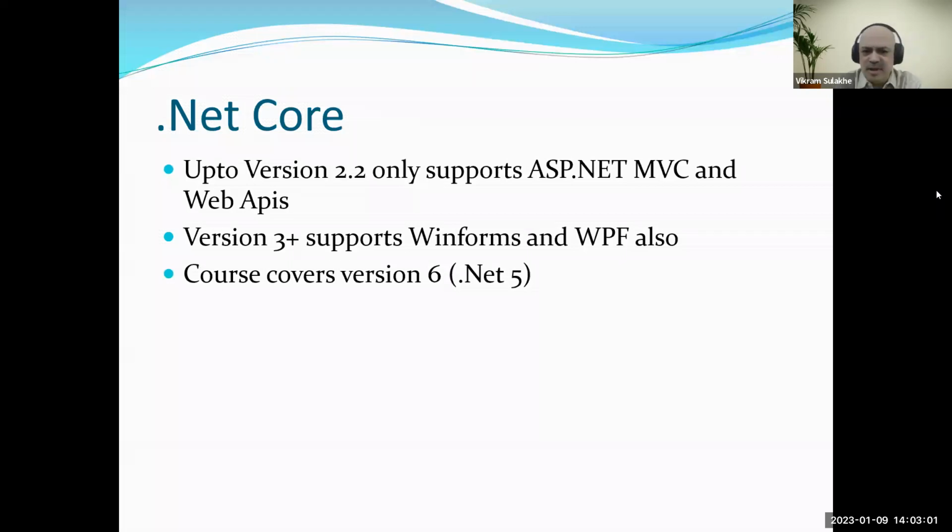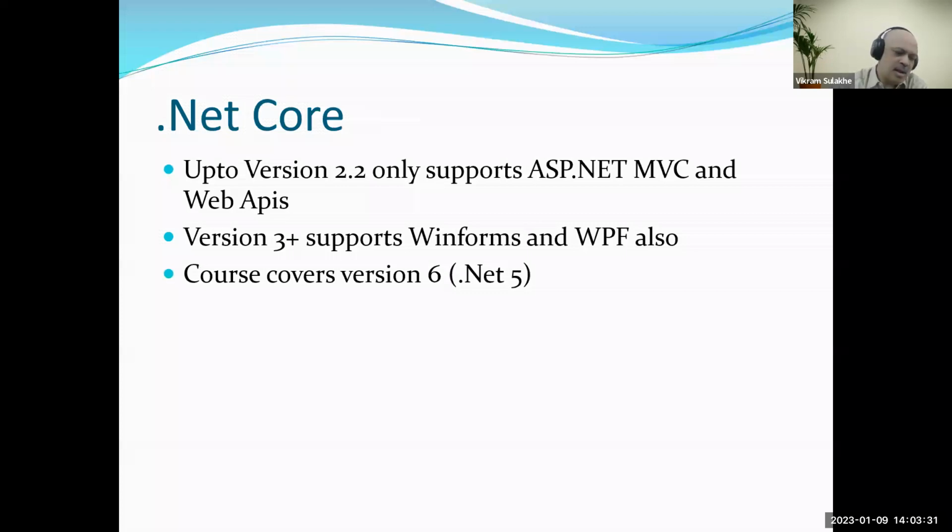All right. So, what are some of the things that we're going to be working with, and what does .NET work with, and .NET Core and .NET Framework? How are they different? Up to version 2.2 of .NET Core, it only worked with ASP.NET MVC and Web APIs. These were the only applications supported earlier. Version 3 onwards also supports WinForms and WPF.